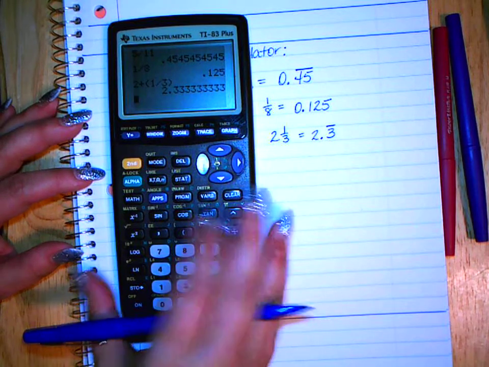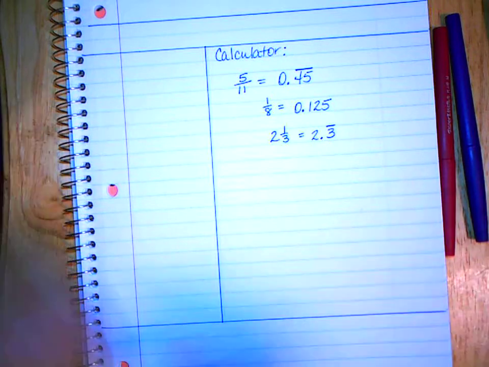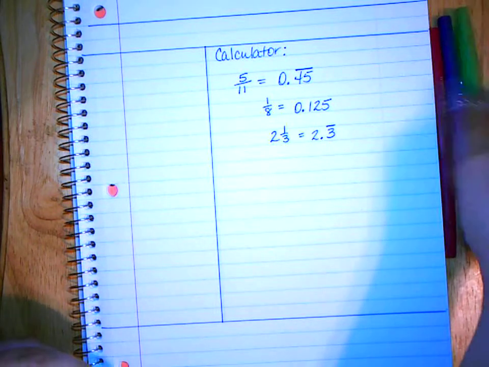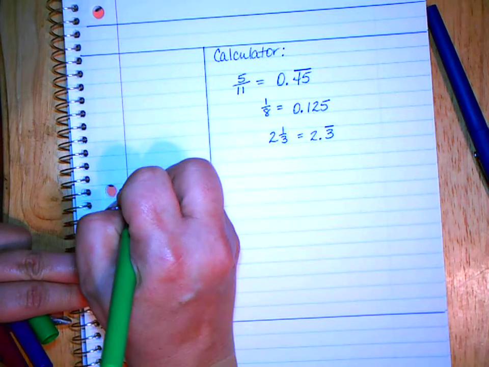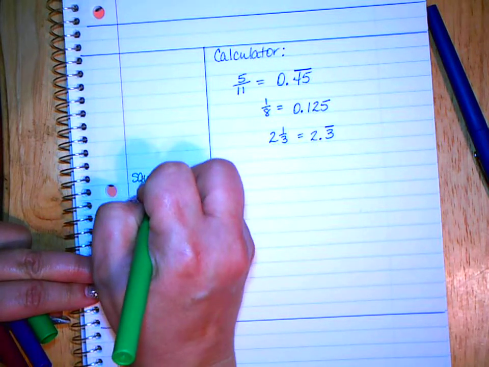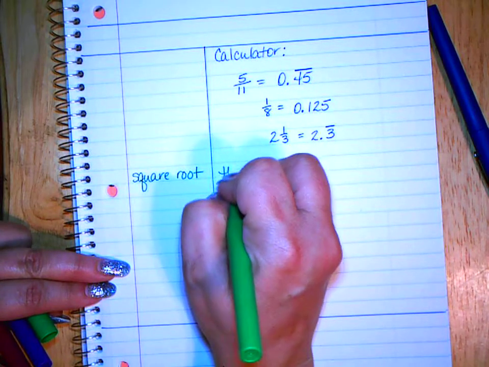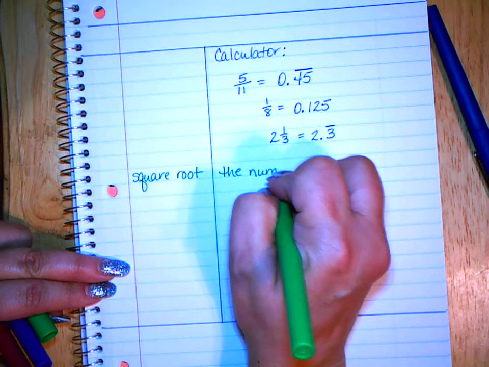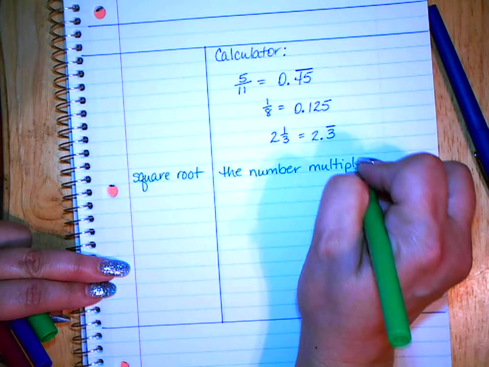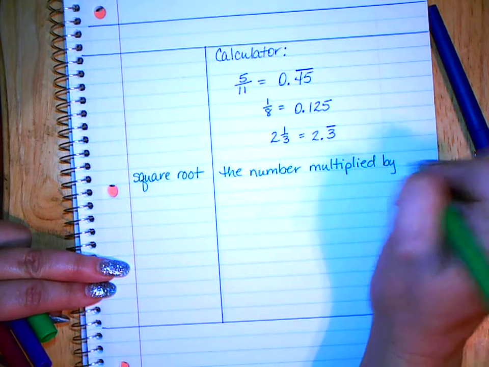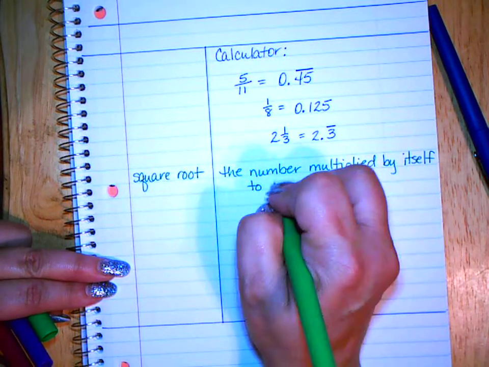We have some more vocabulary words at this time. I have square root, which is the number multiplied by itself to form a product.